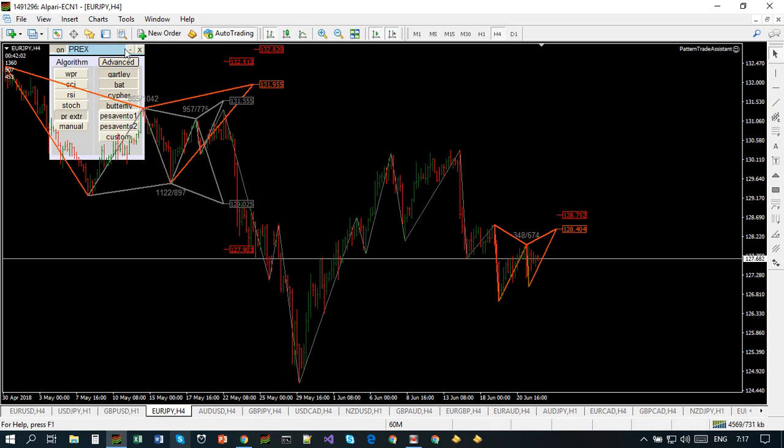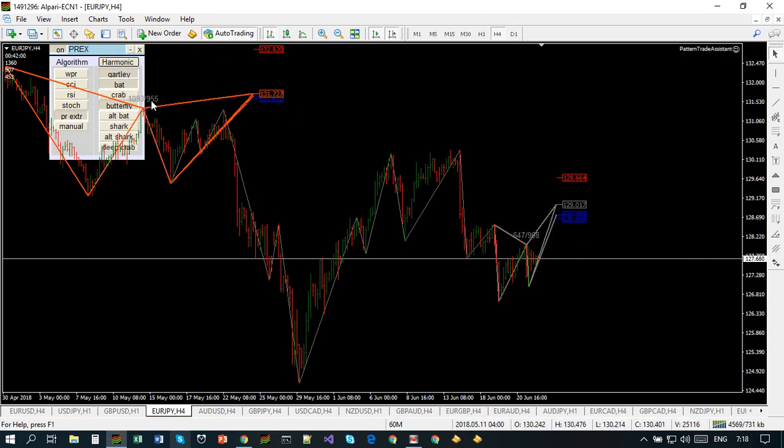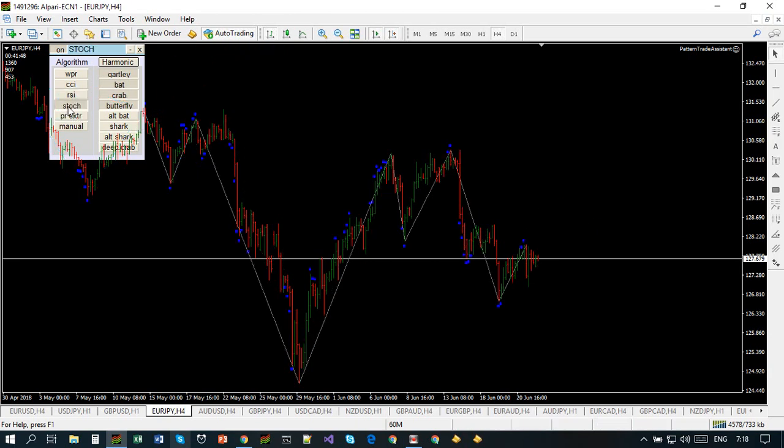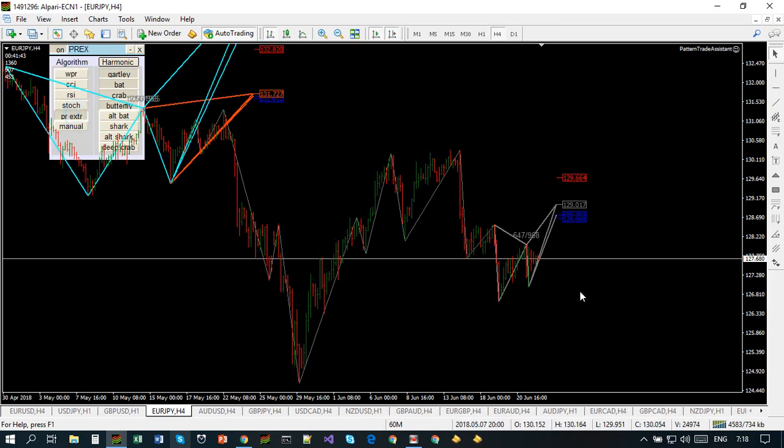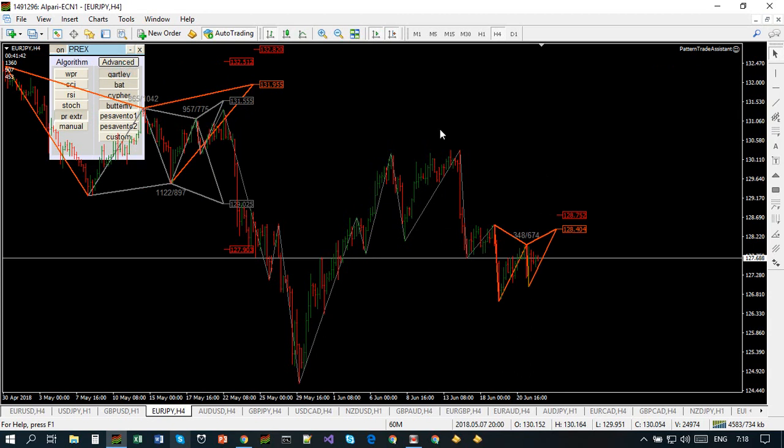I would not trade this pattern. Let us see what happens with a harmonic pattern approach. We have a butterfly formation setting, butterfly pattern, but it is also not seen by other algorithms, so it's not an obvious one. That's why you should stay away from this.